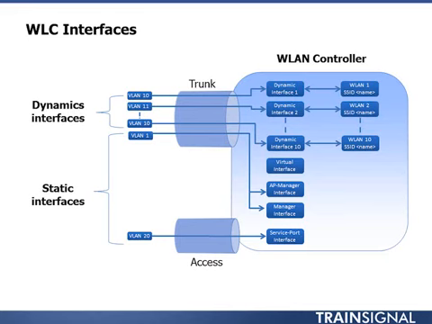Now if you do happen to use link aggregation, then you want to make sure you only have one single AP manager interface. If you're going to use separate ports on your wireless LAN controller, then you can have an AP manager interface attached to each port.